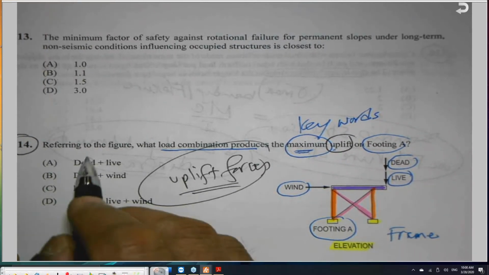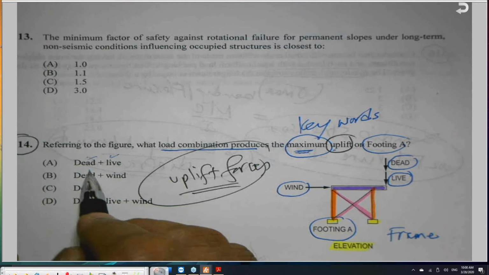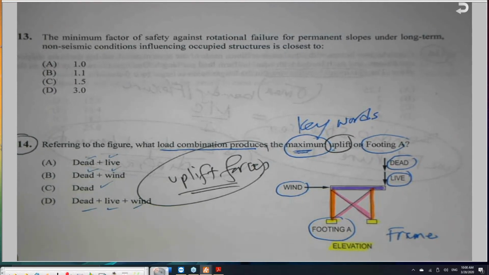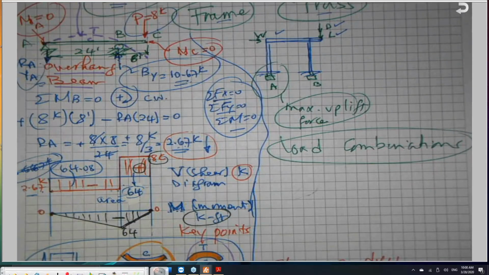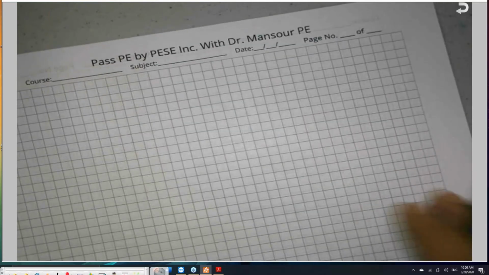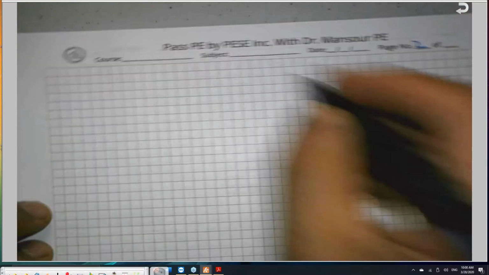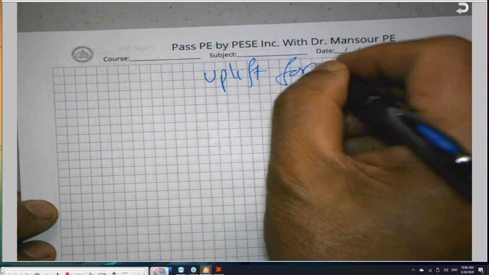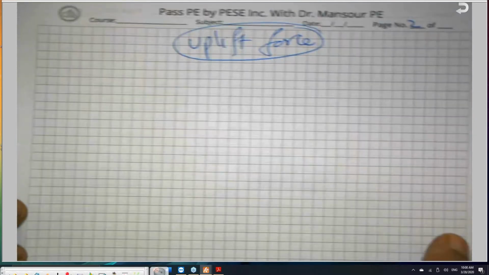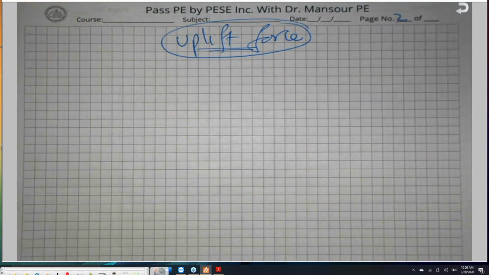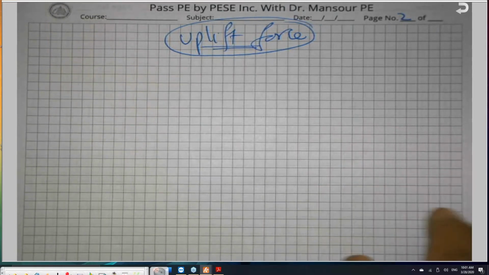It says dead plus live, or dead plus wind, or dead plus live plus wind. The uplift force in general: why do we have an uplift force in certain structures, like the simple beam or the overhang beam or frame or a truss?